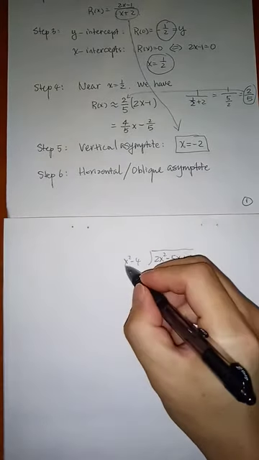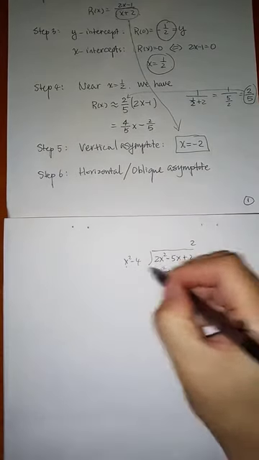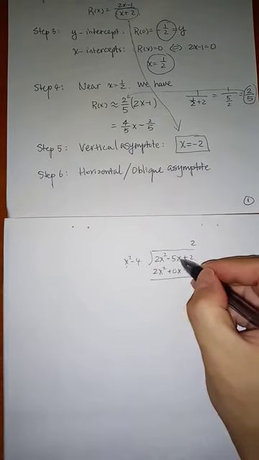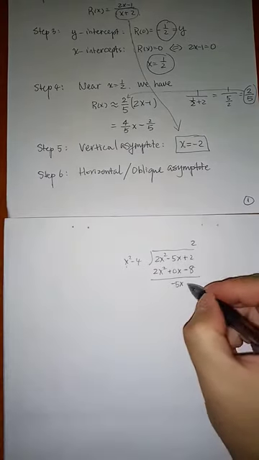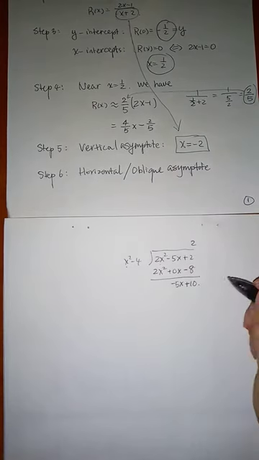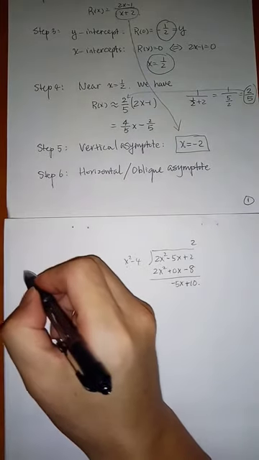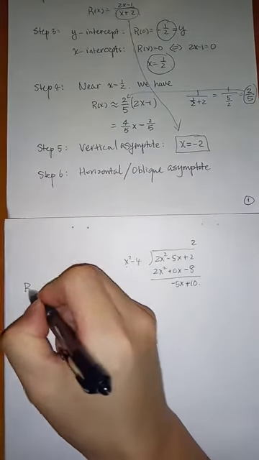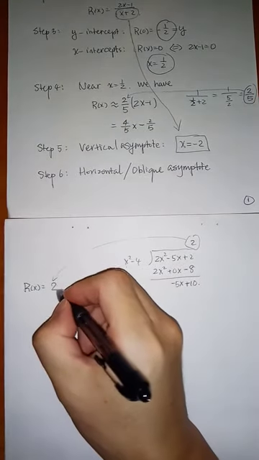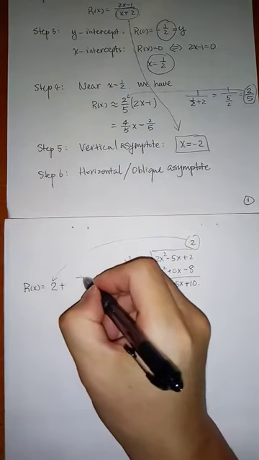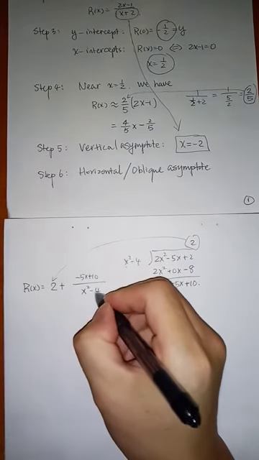You divide 2x squared by x squared, you get 2. Then negative 5x minus 0x is negative 5x, and 2 minus negative 8 is plus 8, so the remainder is negative 5x plus 10. So r of x is equal to 2 plus the remainder over the original denominator.